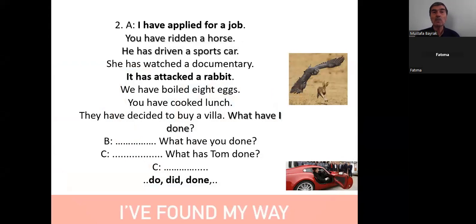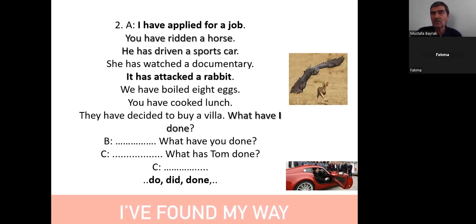Okay, dialogue 2. For example, I have applied for a job. Yeah, I have applied for a job, and the application form is still in the hand of the officer, for example. You have ridden a horse, so maybe you are still holding the rope of the horse.